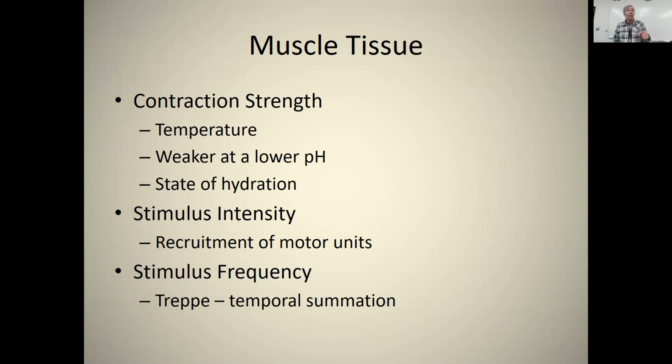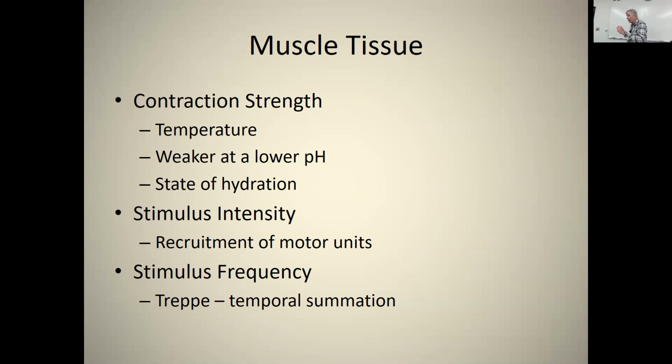This is why muscles get weaker and you get fatigued: you generate a lot of acids, lactic acid, so the pH of your muscles starts to decrease, becomes more acidic, and the tension generated by the muscle gets less. State of hydration: dehydrated muscle doesn't generate as much tension as well-hydrated muscle.